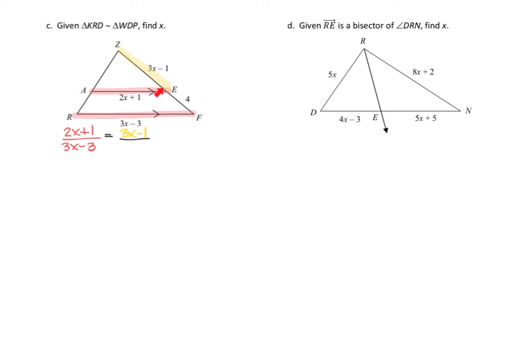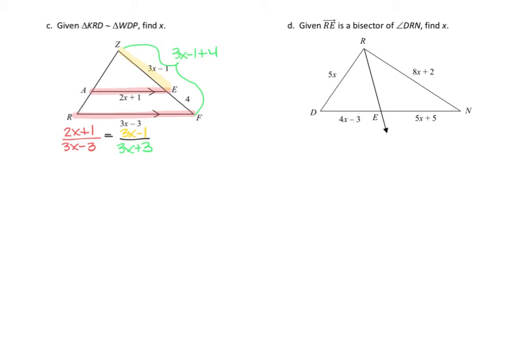So the 3x minus 1 is this right side of the smaller triangle, and in the larger triangle, it's going to be this distance and this distance. So the 3x minus 1 is going to be proportional to the 3x minus 1 and the 4. And when we simplify that, that's going to be 3x plus 3.